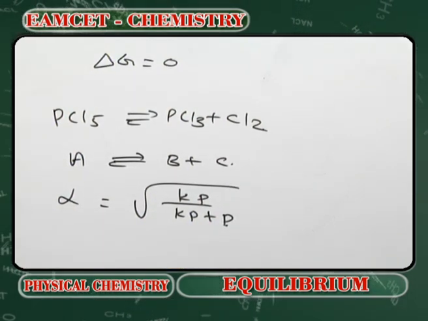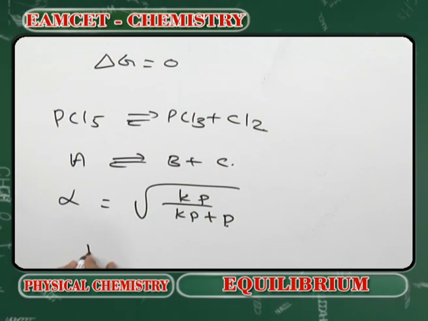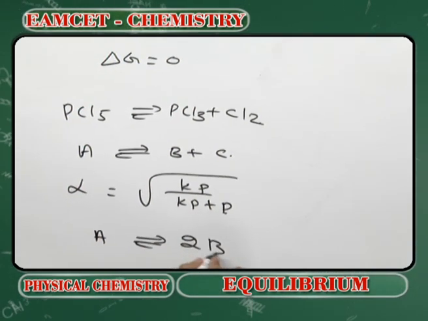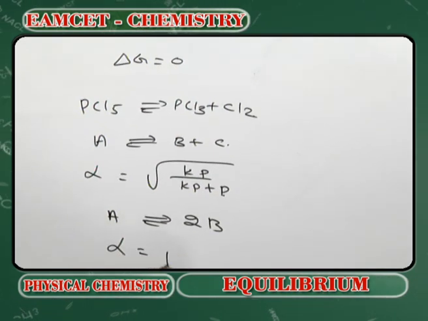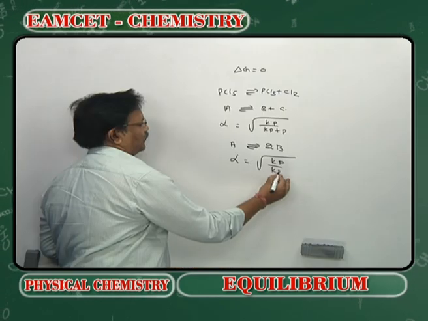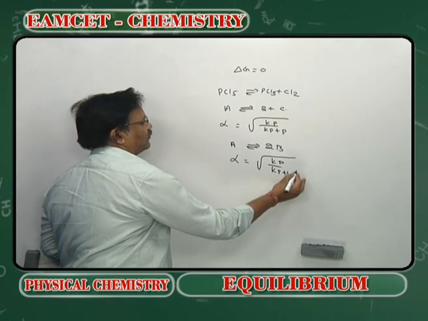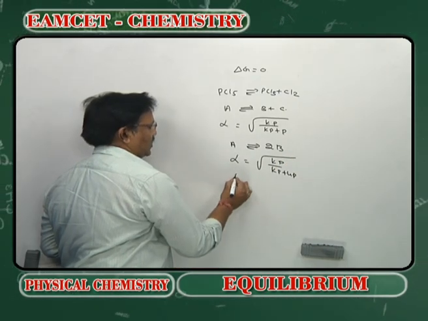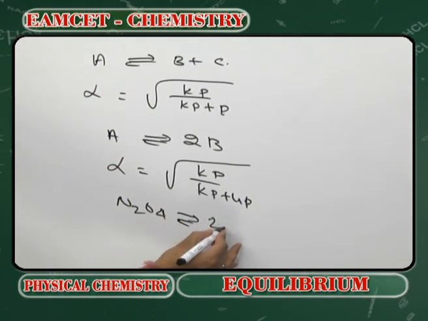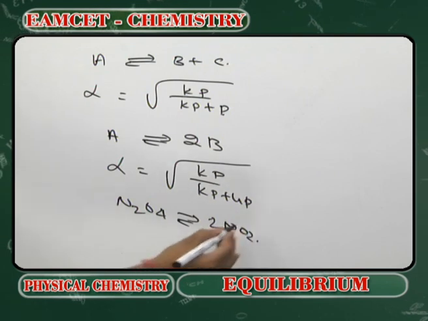Degree of dissociation. For this type of equilibrium, A gives 2B, alpha value will be equal to root of Kp by Kp plus 4P. And what is the example for this type of reaction? N2O4 gives 2NO2. These are the two important relations.